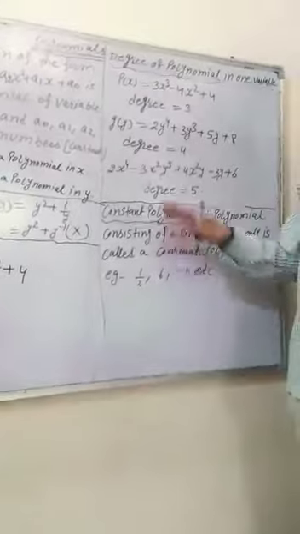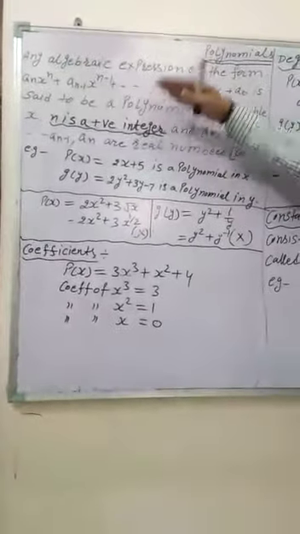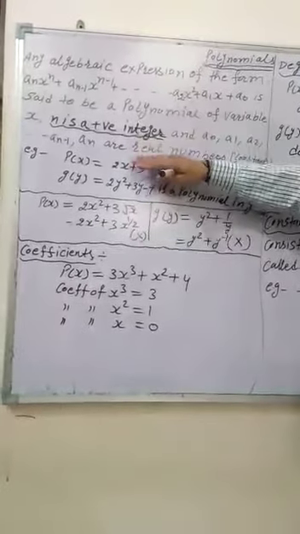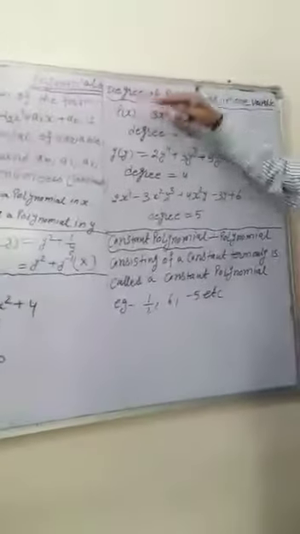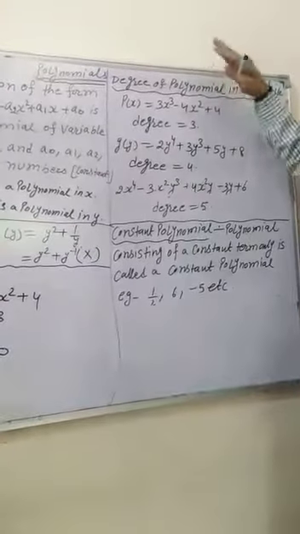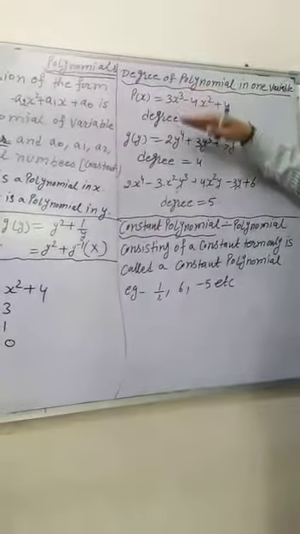Is it clear? So this is all about polynomials, which algebraic expression is said to be a polynomial and which are not. Next topic is coefficient, then degree of a polynomial. The degree of a polynomial is the highest power of a variable. These two examples are of one variable.